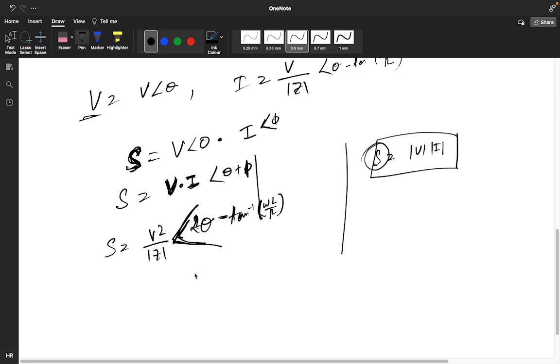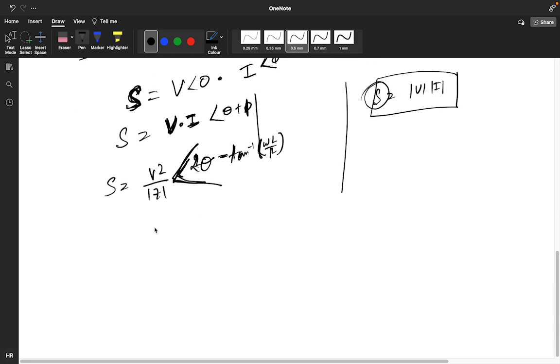So S is V square upon mod Z at an angle 2 theta minus tan inverse omega L by R.